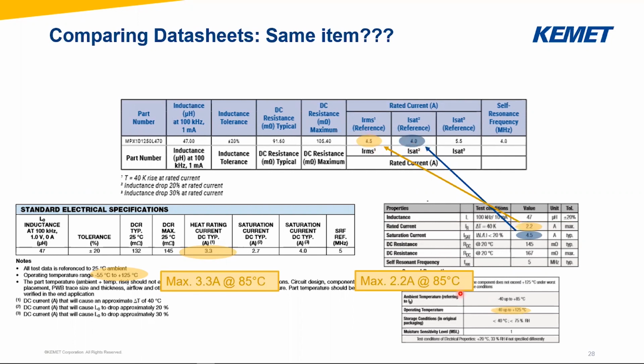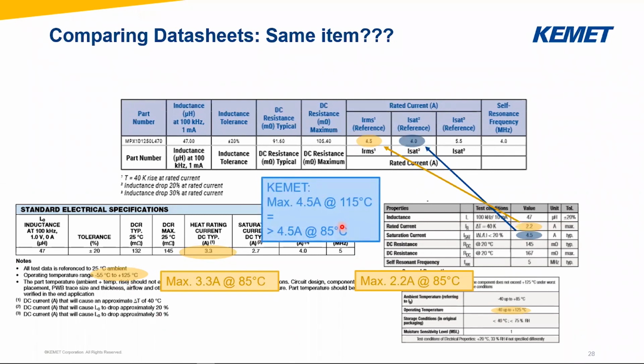But the main limitation of those two competitors is the maximum operating temperature of 125 degrees. Therefore, I can use my KEMET component with a maximum of 4.5 amps at 115 degrees, or much higher than 4.5 amps at 85 degrees. And you can read this in the data sheet.